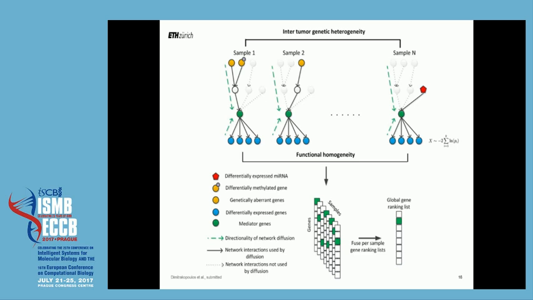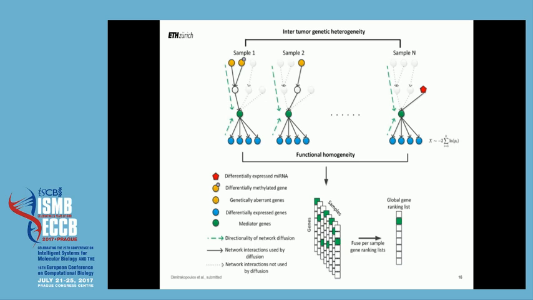In fact, those can also be methylation events, or events of microRNAs being differentially expressed. So we think of these as the causal events, and these we will diffuse in the direction of the directed network. And that gives you a diffuse distribution of the scores you start with.